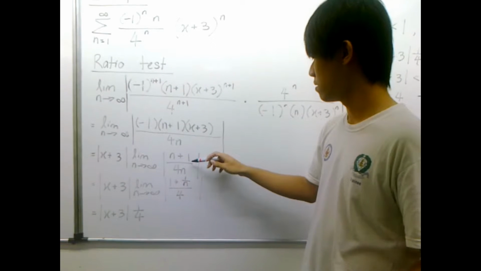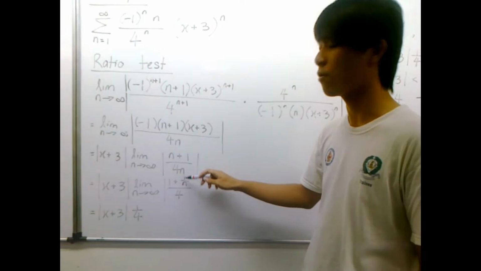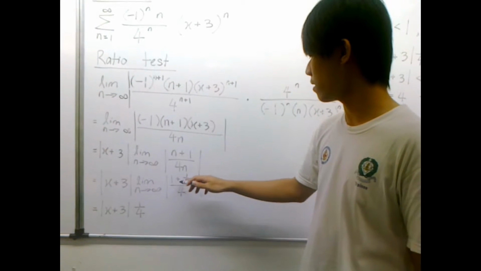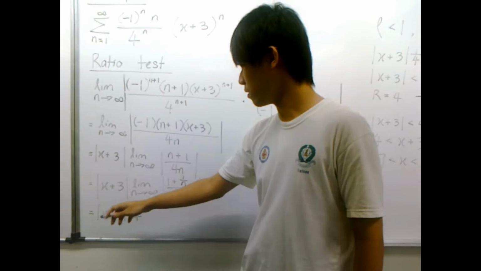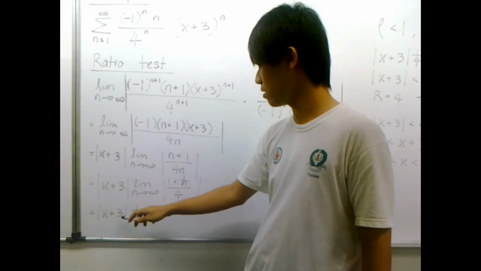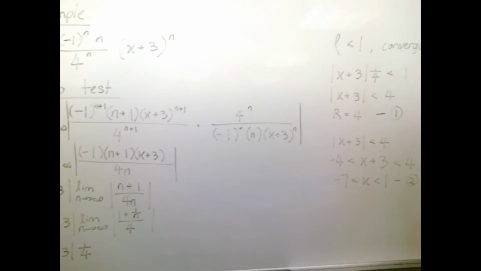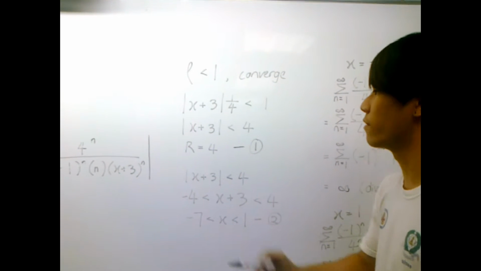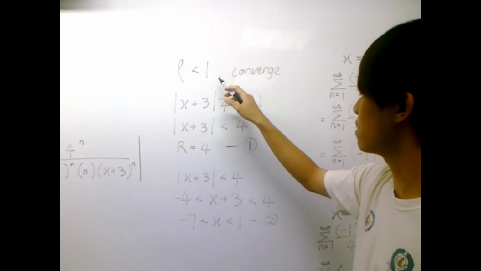And now to solve this, we'll divide by the highest power in the denominator, which is n. So now we'll have 1 plus 1 over n over 4, and we'll have modulus x plus 3 times 1 over 4. And that is actually equal to rho, and in the ratio test, when rho is less than 1, it converges.